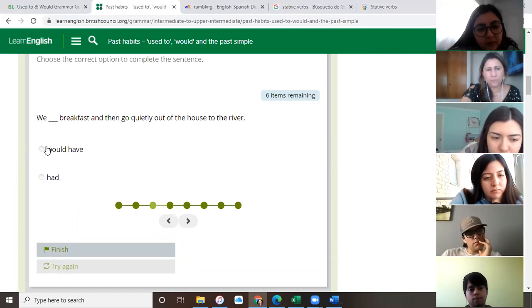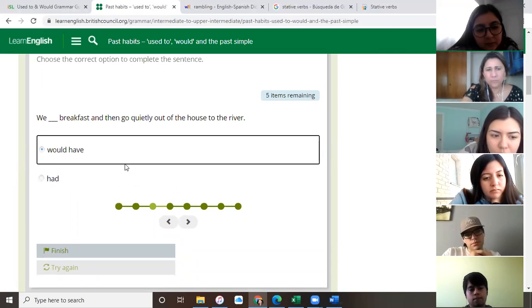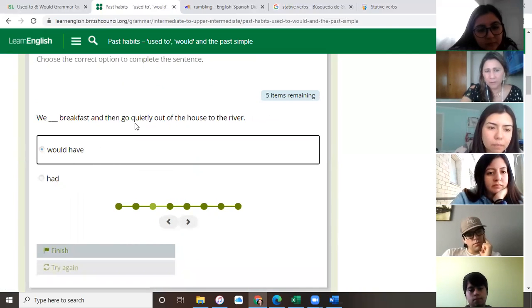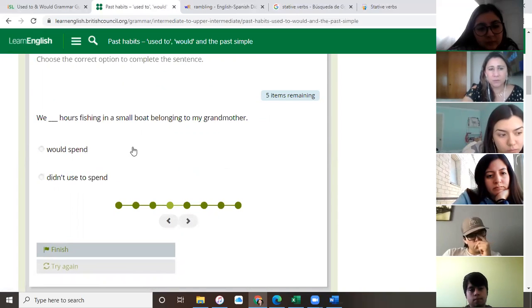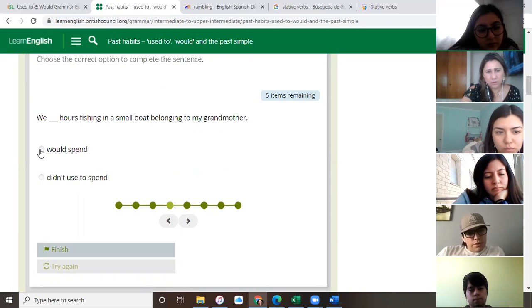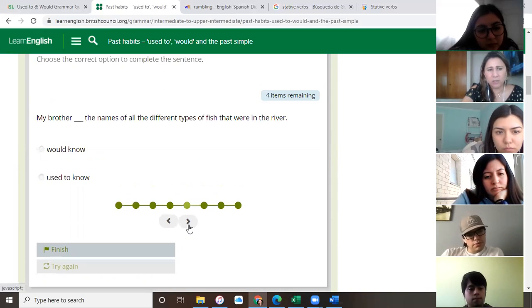Would have. Yes. We would have breakfast and then go quietly out of the house to the river because it's a repeated action. Fishing. We would spend hours fishing, yes.